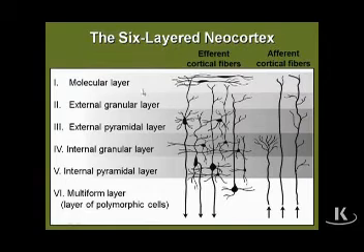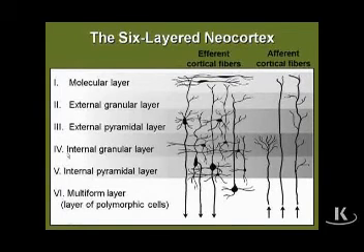For example, all cortical areas have an outer molecular layer, and areas of cortex will have 2 granule cell layers and 2 pyramidal cell layers, but here's the difference. In areas of sensory cortex, such as visual cortex and somatosensory cortex, the granule cell layers are going to be much better developed and thicker.